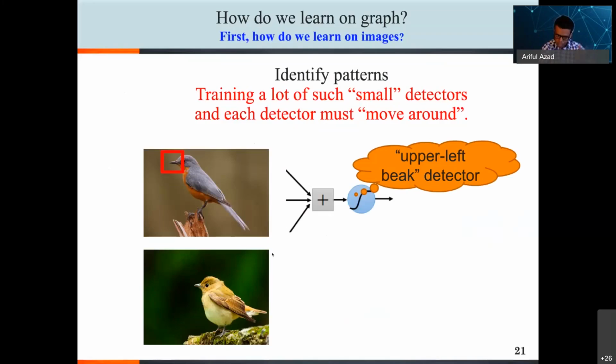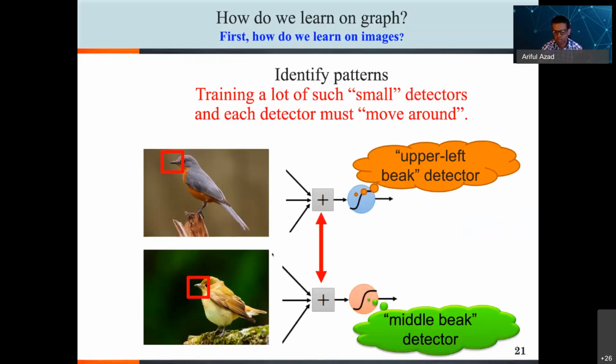We slide that filter across the image, for example here, and then we can get another value. So in images, we put a small, fixed-size dense filter, that is a small dense matrix, and then we slide that filter across the image to identify different features.